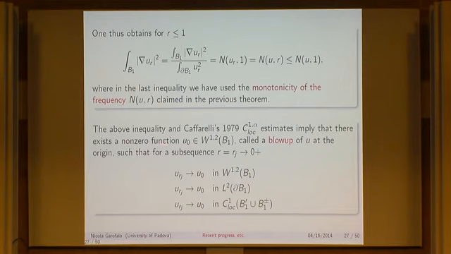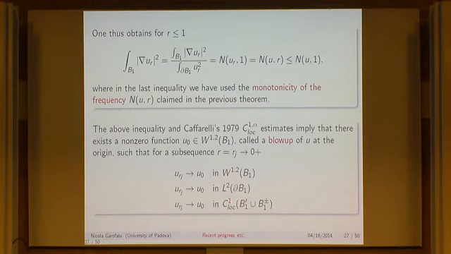Because remember that this function u_0 is going to converge in L2 norm on the boundary of B1. So these u_{r_j} converge to u_0, and the u_{r_j} have L2 norm 1. So u_0 cannot be 0. Okay? That's important, very important. So there exists a non-zero function u_0 in W^{1,2} called the blow-up, such that for some subsequence we have this convergence.